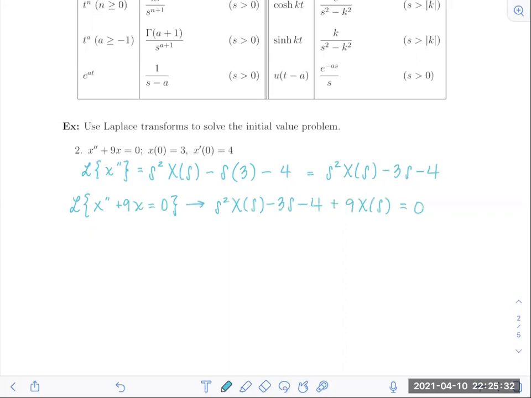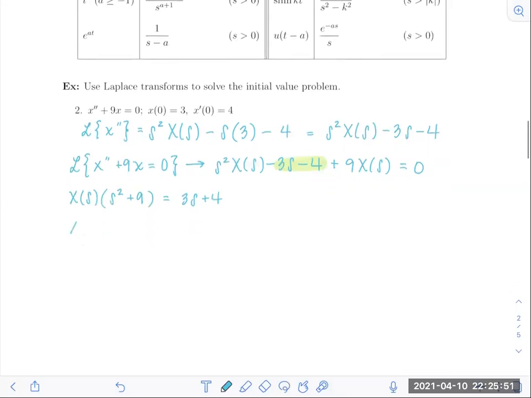So what I'm going to do now is take the terms that do not include an X of s and move those over to the right-hand side, and I'm going to factor out my X of s on the left. And so solving algebraically for X of s, I obtain that X of s is 3s plus 4 divided by s squared plus 9. So from here, my goal is to find the inverse transform of this function.